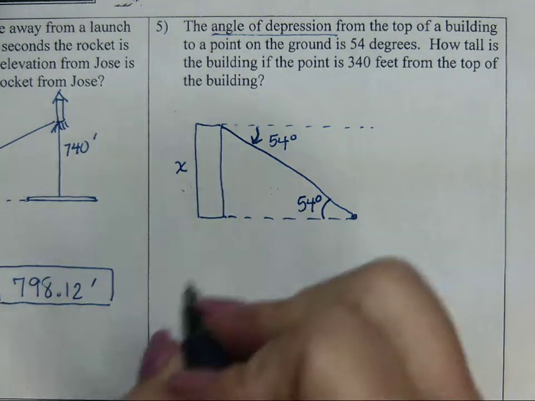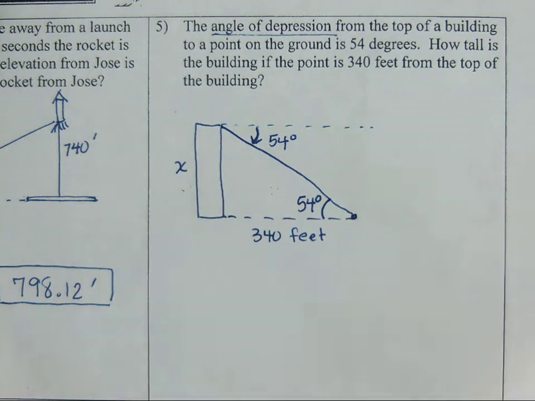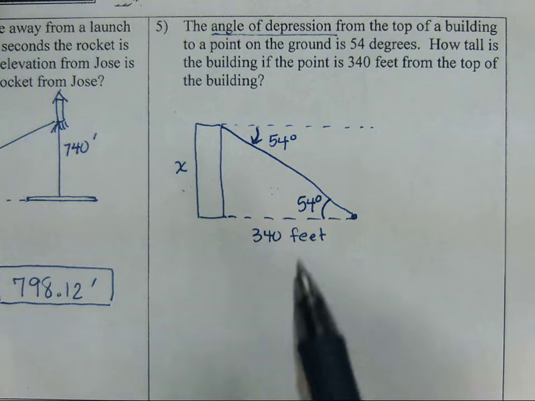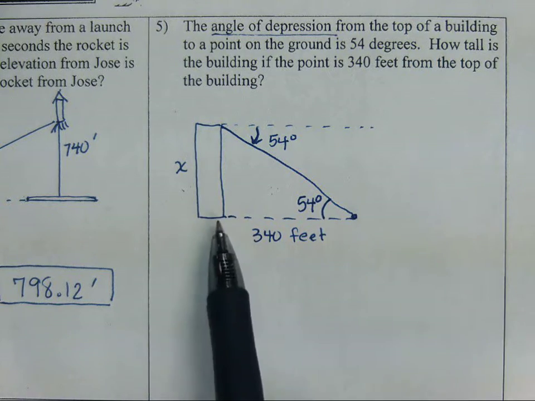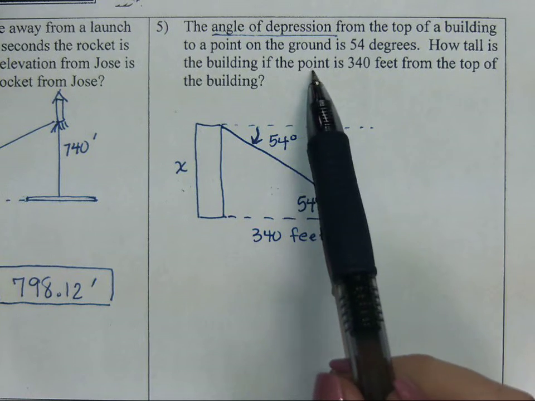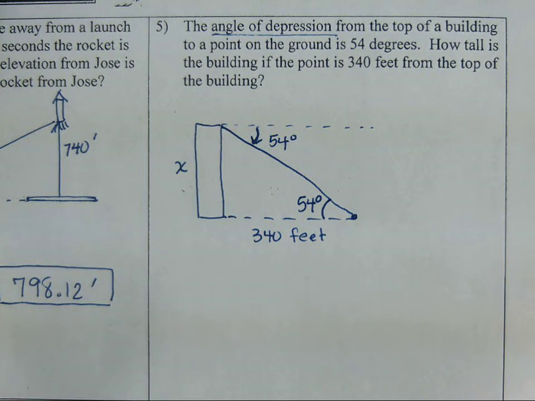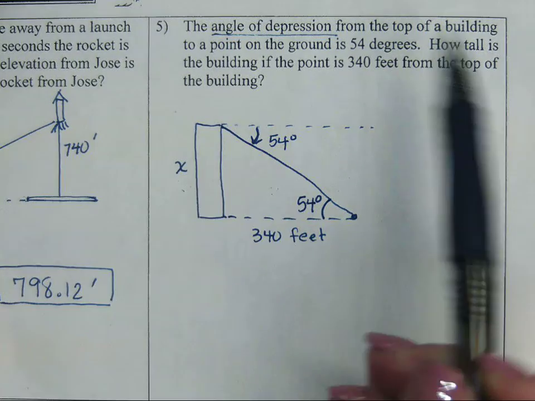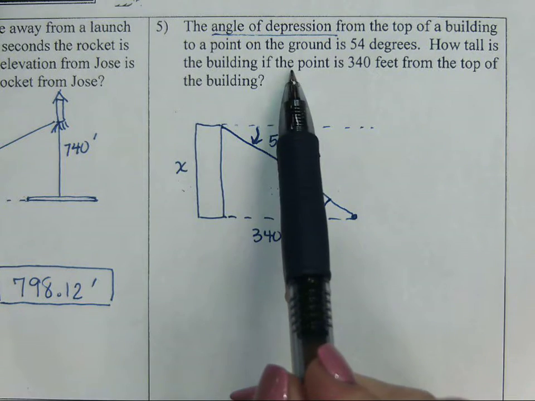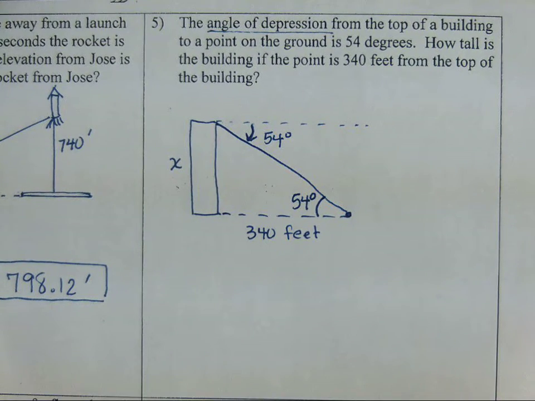If the point is 340 feet from the building. So again, being able to label, see, it's telling you specifically that the point is 340 feet from the top of the building. Oops. So how tall is the building if the point is 340 feet from the top? I labeled the wrong side.